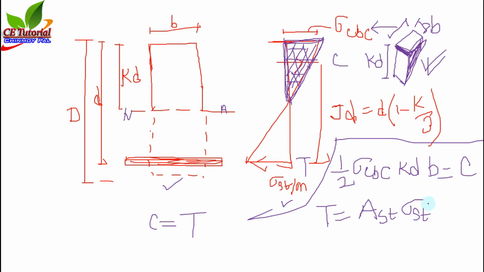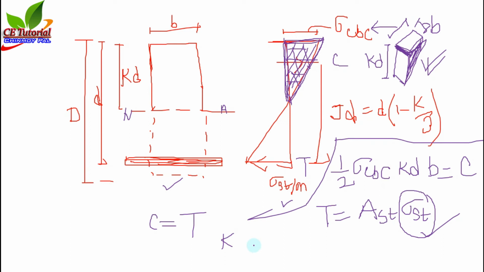Now this sigma ST you can replace by sigma CBC, and then you can get the K value. The formula is the same.